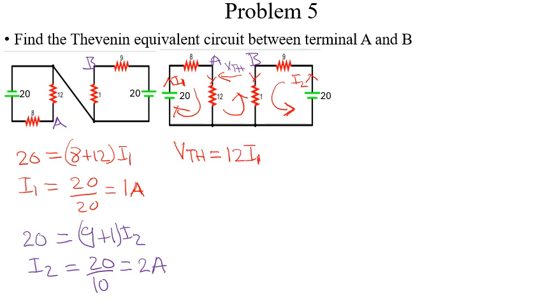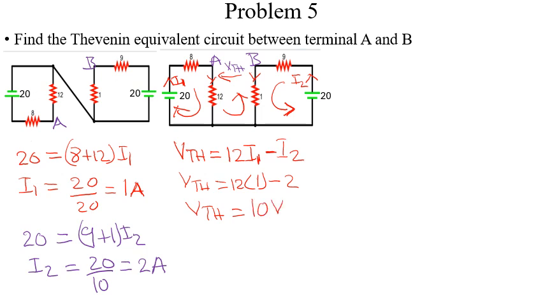Then this one is going in the opposite direction to our movement, so it becomes minus I2. So for VTH we substitute 12 times 1 minus 2. So VTH here is equal to 10 volts.